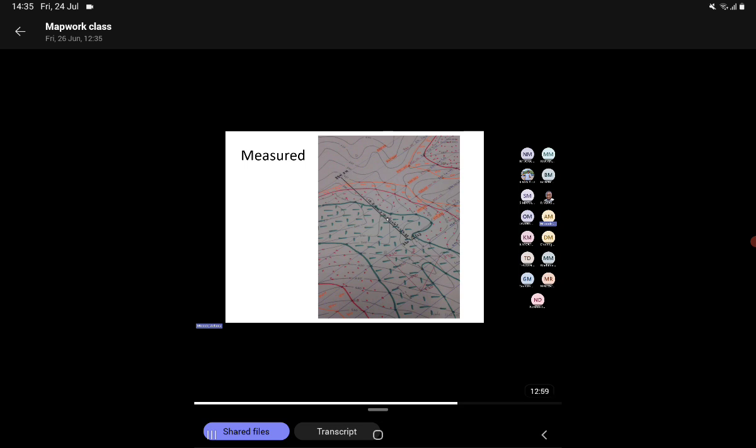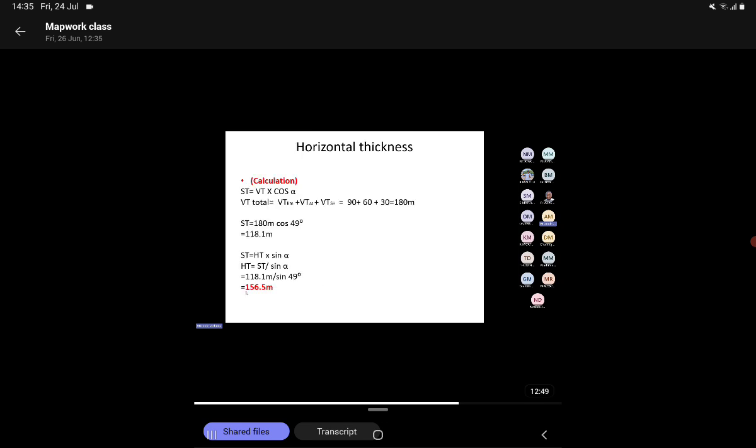You measure the distance with your ruler. In this case, they got 12.5 centimeters. You convert it with your scale because your answer is in centimeters, and then you got 156, which gives you the same answer you had calculated. So you have an option for horizontal thickness to measure it off the map or to calculate it.